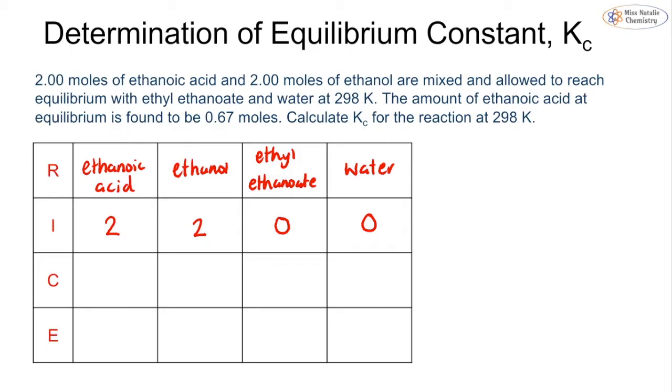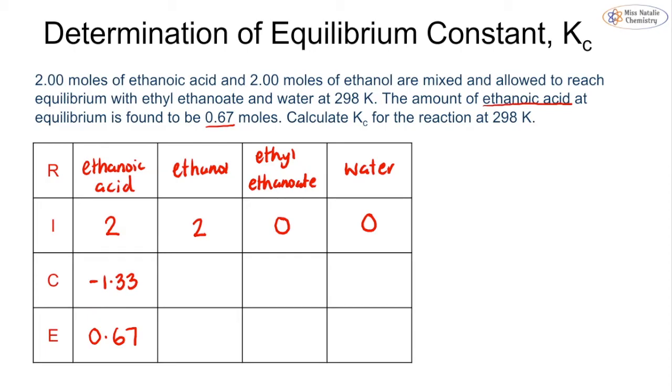When we then look at our change, we are told that the amount of ethanoic acid at equilibrium was found to be 0.67. So my equilibrium here is 0.67. This means that my ethanoic acid has come down by 1.33. So that's my change.